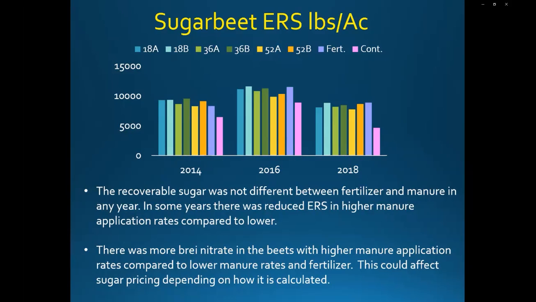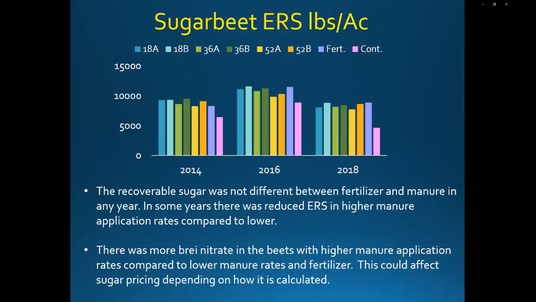The one other concern is that as you did have higher manure application rates, your brei nitrate in the beets was increasing, and that's a contaminant that has to be removed during the processing of the beets. And therefore, when you price out how much a producer would have gotten per acre based on the recoverable sugar, they could have a slight decrease in price because of an excess of brei nitrate.